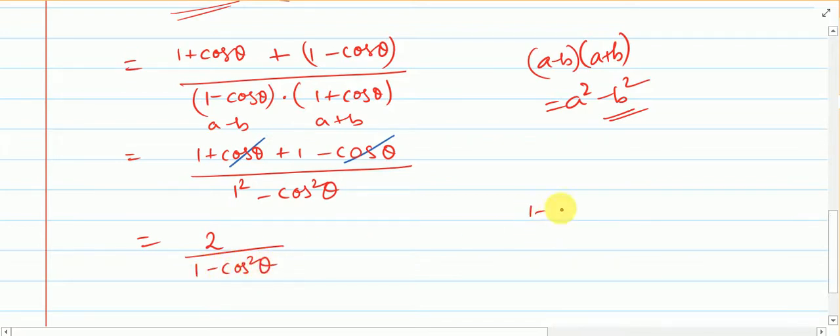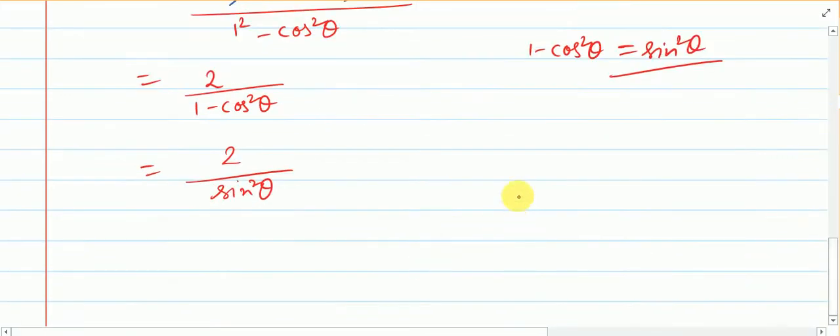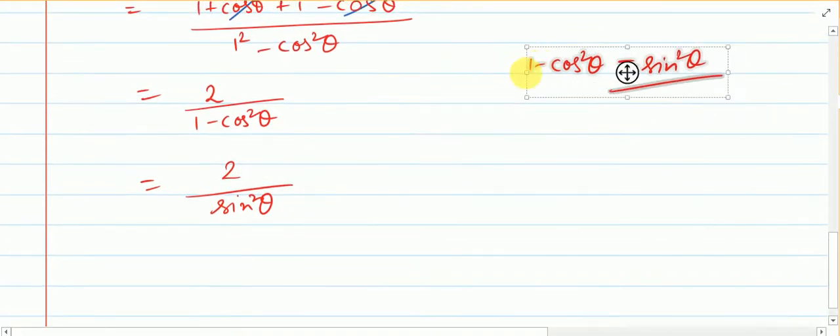You know that 1 minus cos square theta is equal to sin square theta. So in the next step, in place of 1 minus cos square theta, I can write sin square theta. You can give your reason over here.